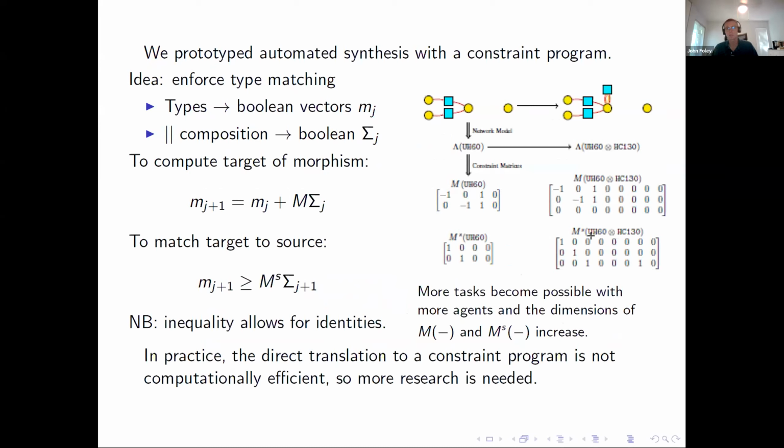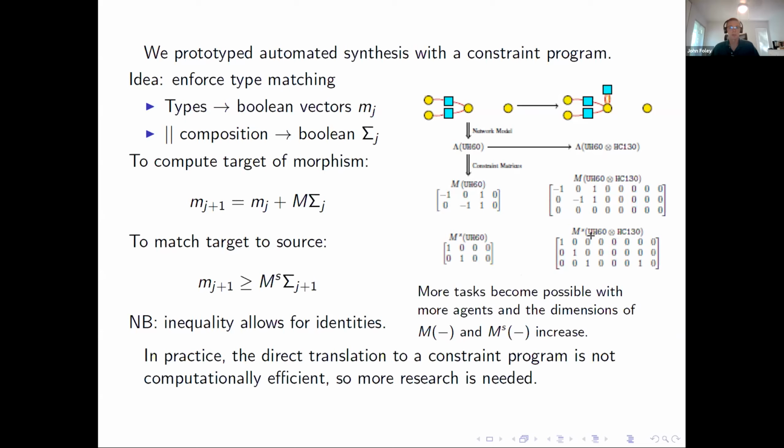The dictionary that you use for this sort of thing is you turn your types into Boolean vectors, and then parallel composition of primitive morphisms corresponds to these Boolean vectors indexed over transitions.